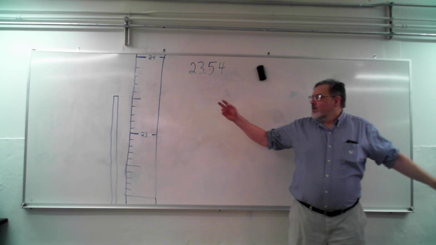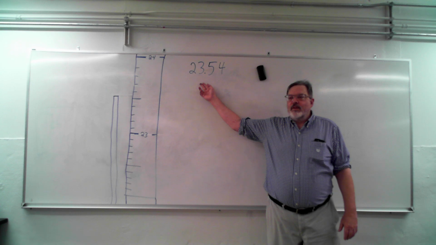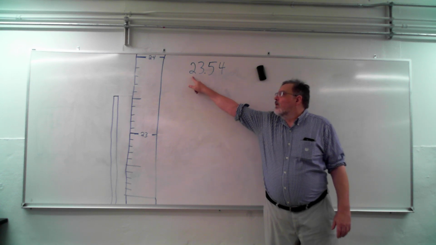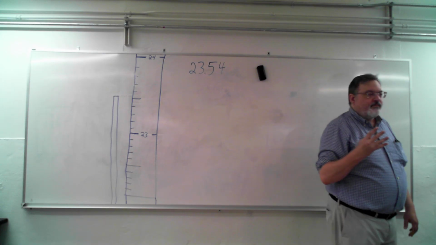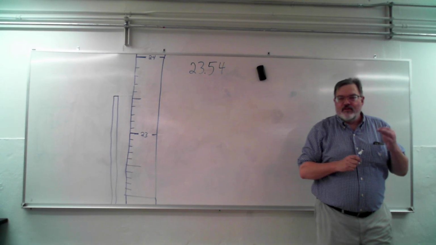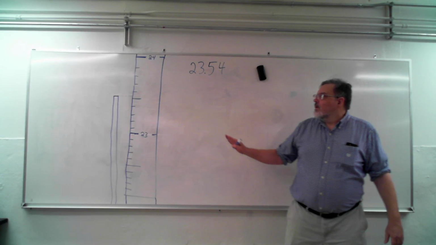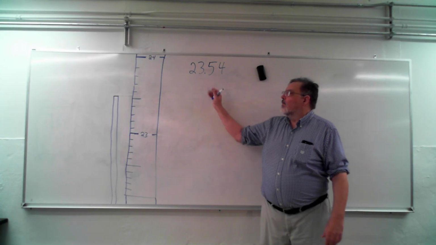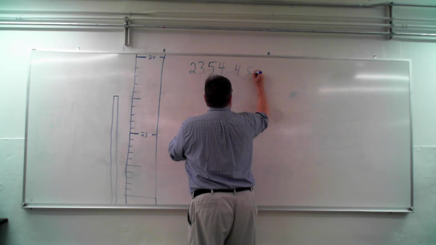If you walked up and read this and you were like, oh, yesterday somebody made this measurement, now I have to do something with it. You would look at this and you would go 1, 2, 3, 4. That's 4 significant figures. Those of you who have seen this before, that makes sense, right? 4 significant figures. Those of you who haven't, all you have to do is look at the numbers here, count them up, and go, okay, that's 4.